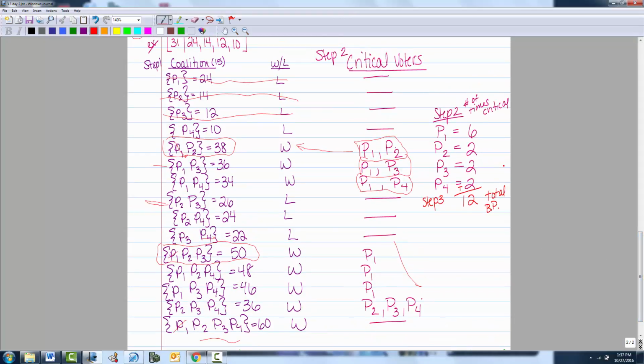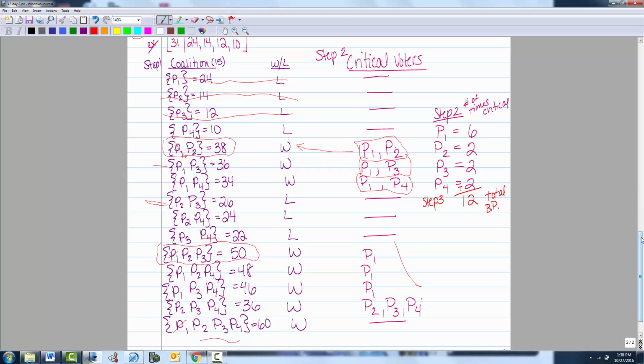So now what you do is you look at this. P1 has a Banzhaf power point here, here, here, here, here, here. That's 6 power points. And the other 3 each show up twice, so they have 2 power points each. Add those up, that's a total of 12 points.